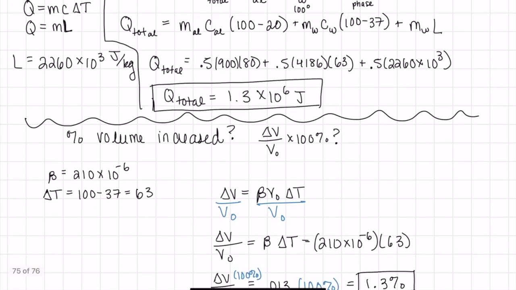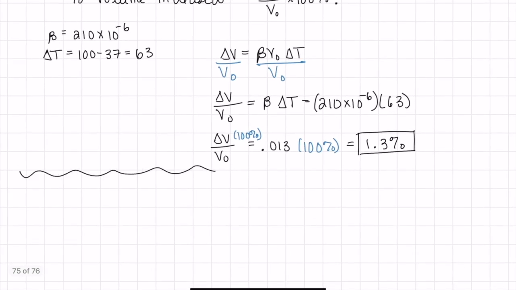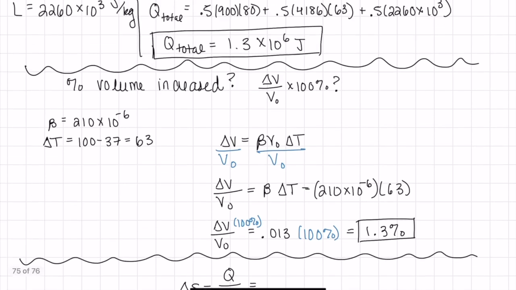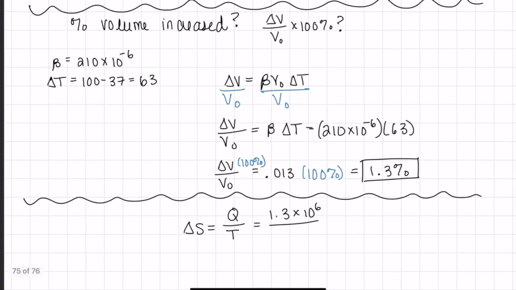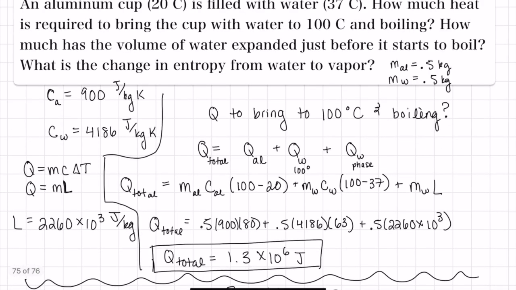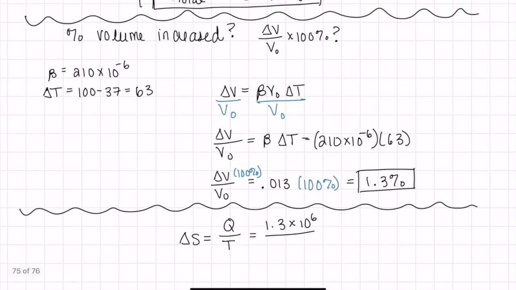And lastly, we want to know the change in entropy that occurred by this amount of heat being put into this system. So we have the change in entropy equal to Q divided by T, where our Q will be 1.3 times 10 to the 6th, and the temperature is going to be, oh sorry, we're just looking for the Q from our phase change.